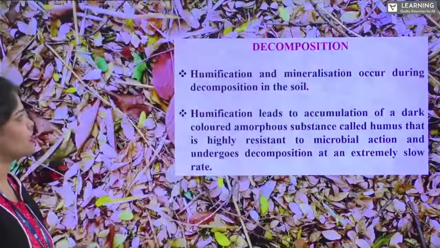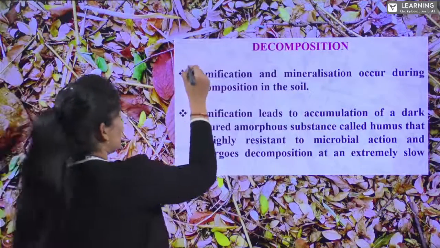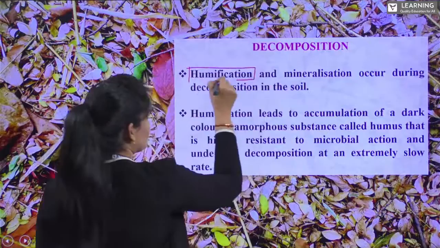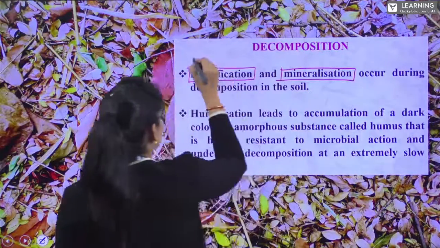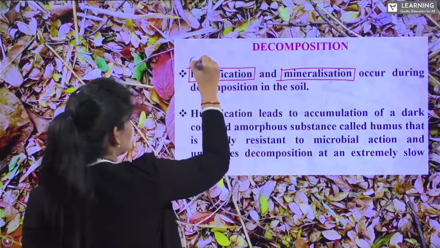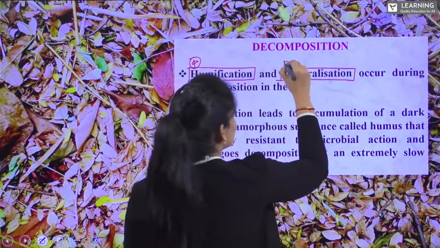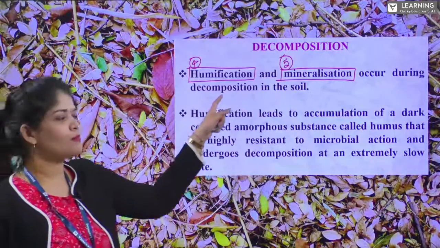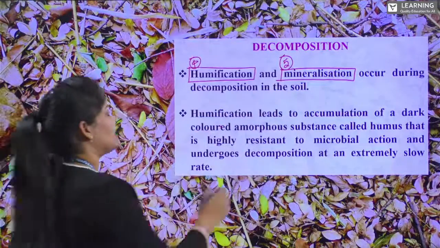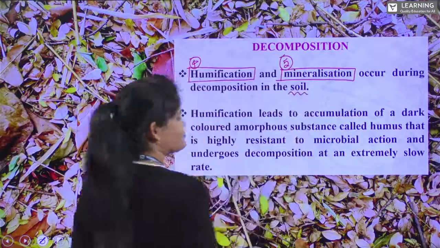Let's understand. So, humification and mineralization. This is the fourth step and this is the fifth one. They occur during decomposition in the soil. It happens in the soil.